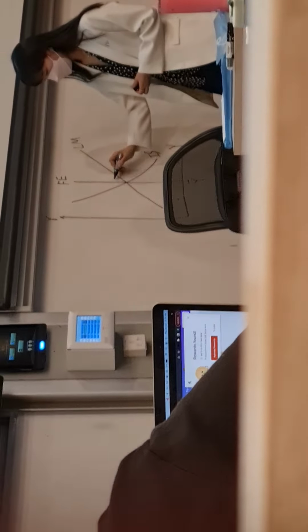So right now, LM and IS determine the aggregate demand at point E, which is the original equilibrium, and it corresponds to the output Y1 bar. So this is not the desired level by the firms.